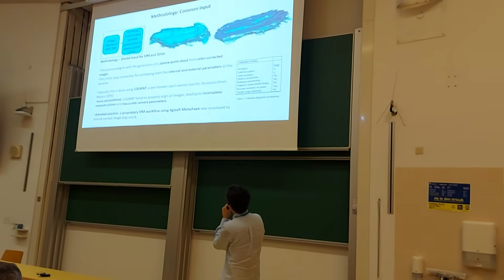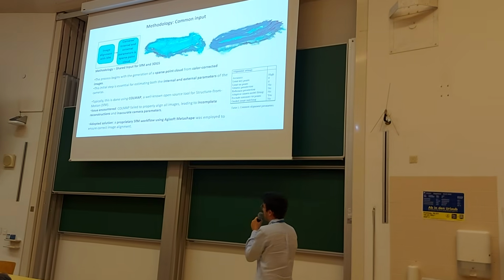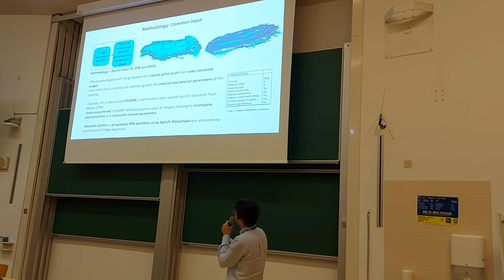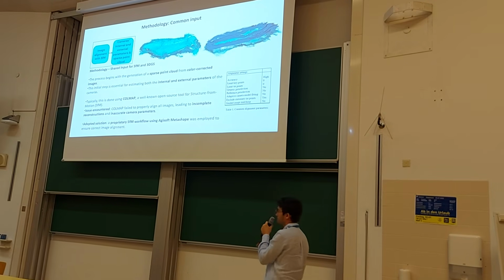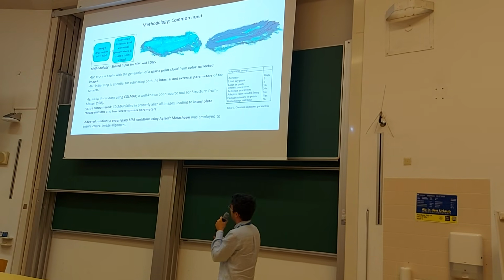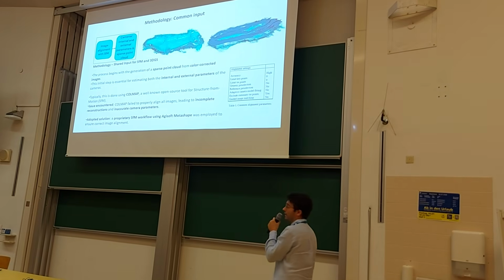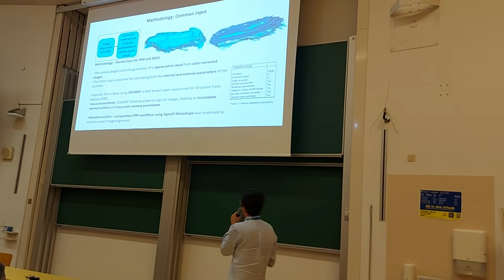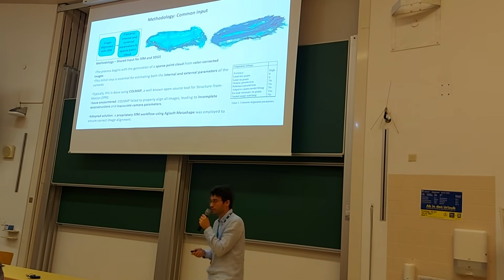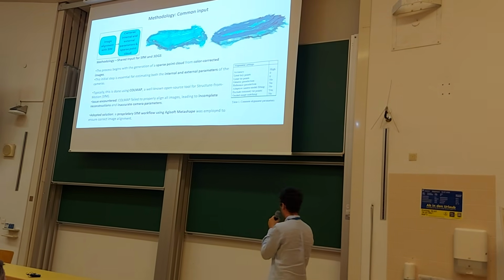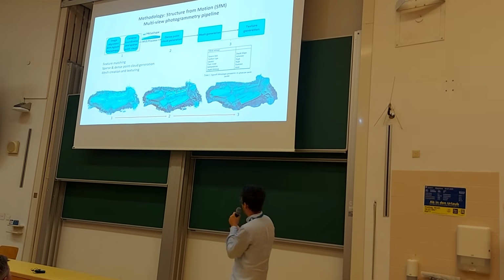Typically this is done with the use of COLMAP, as we know, but we had many issues and problems where COLMAP failed to properly align the images. That's why we decided to adopt a solution with proprietary structure from motion software, in this case Metashape.